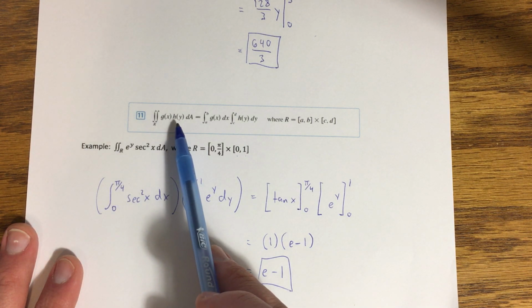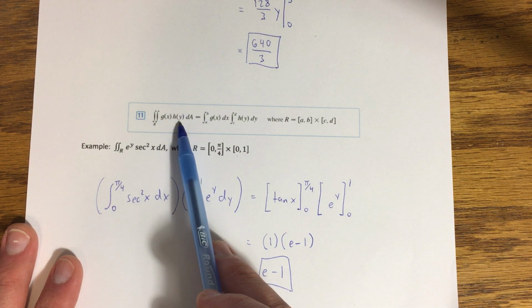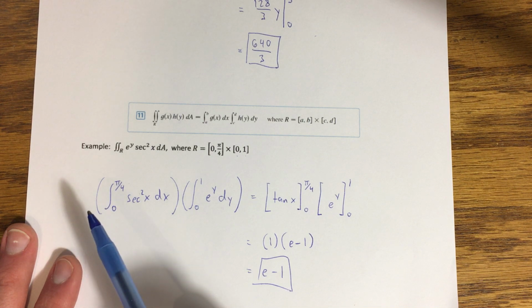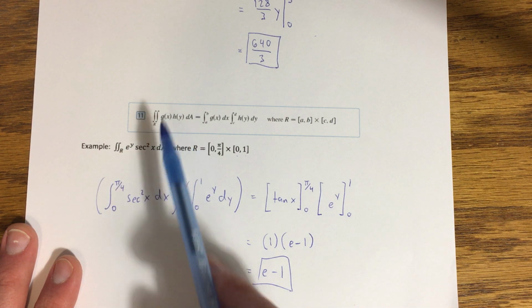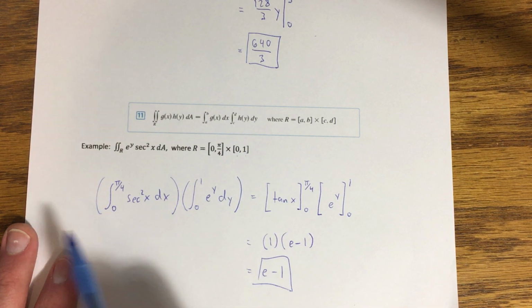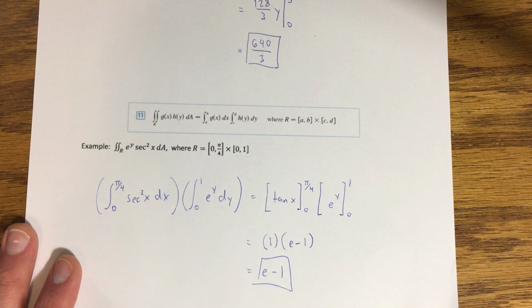For example, if I integrate with respect to y first, I would treat the entire g of x function as a constant. That means it can be pulled out of the innermost integral, and I'm left only integrating a function of y there. Then I would move on and integrate the function of x that was pulled out.